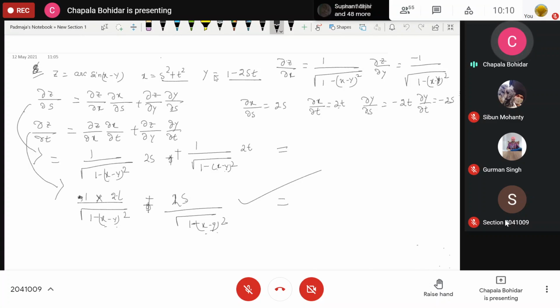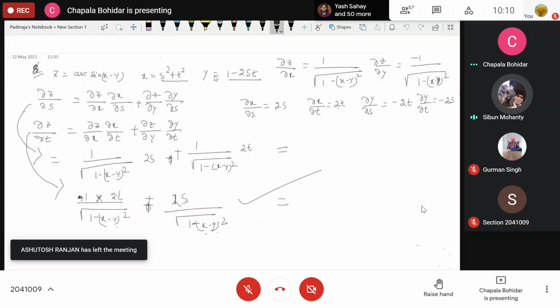You put your value x, y and simplify here. I'm not going to simplify here. Can anybody get the result? Ma'am, 4st by s minus t whole square.